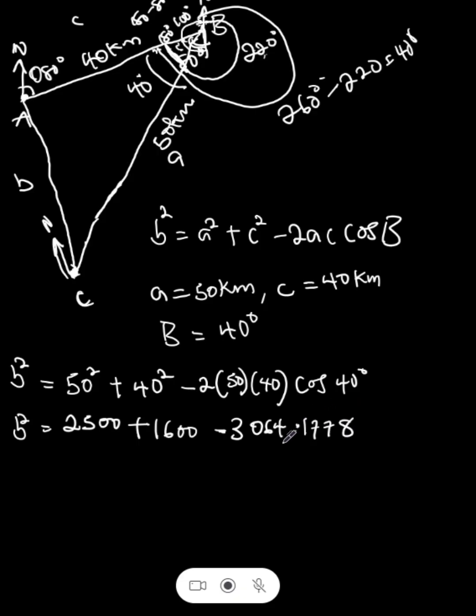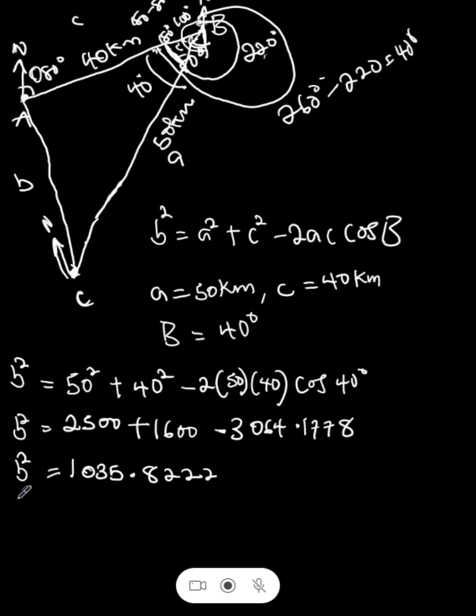3064.1778 approximately. So we have our B squared will equal 2500 plus 1600 is 4100, minus 3064.1778 is 1035.8222.